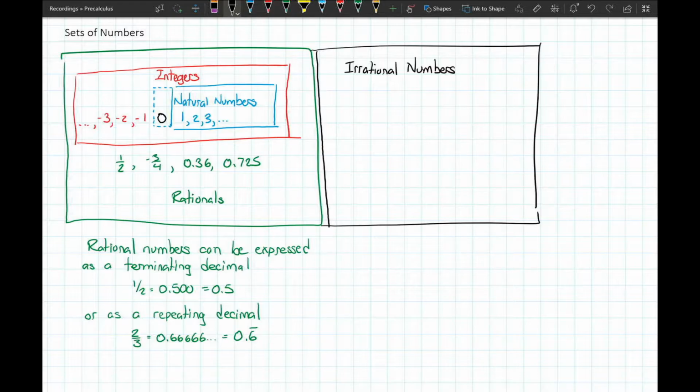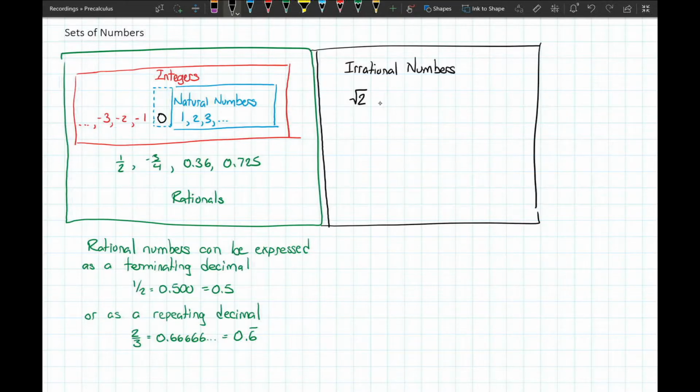It's not necessarily easy to understand how something like √2 is irrational, but it is something that we might have a video on later. √2 is some number between 1 and 2, but it can't be expressed as a terminating decimal or as a repeating decimal.